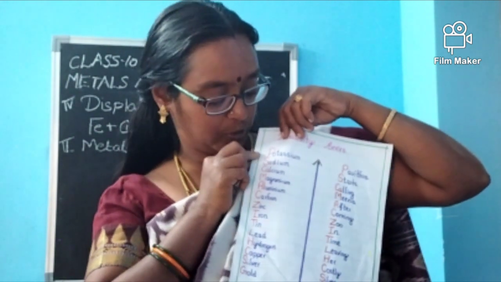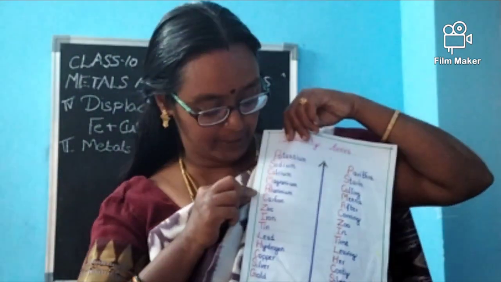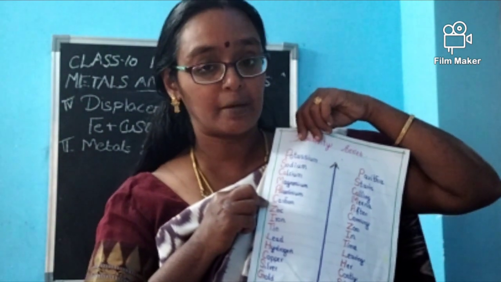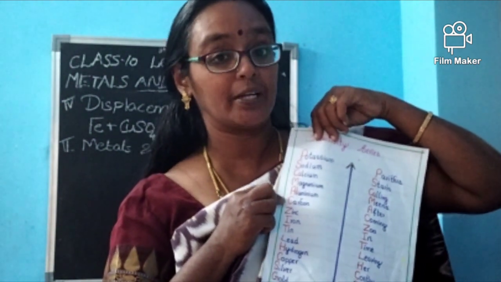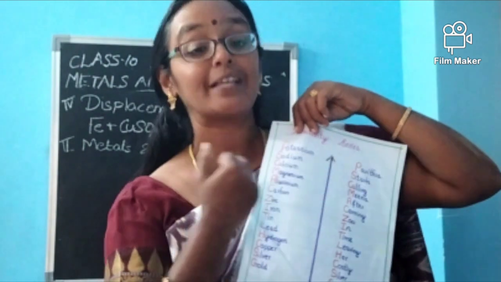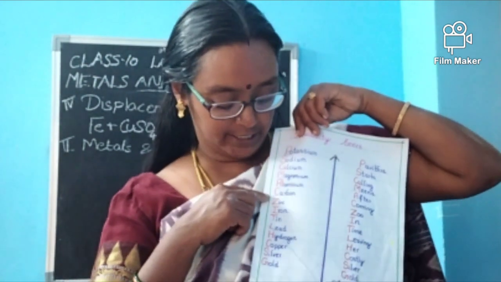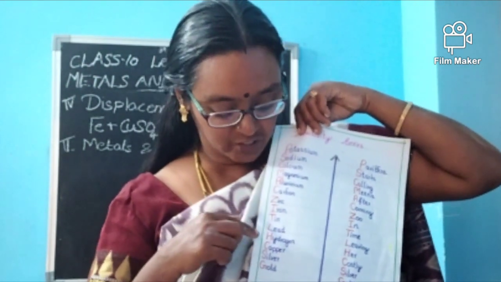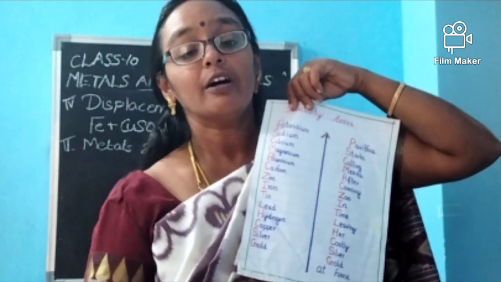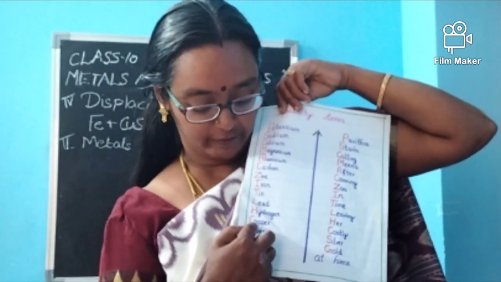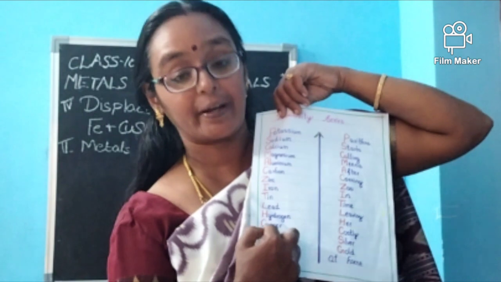Then it goes: potassium, sodium, calcium, magnesium, aluminium, carbon. Carbon is a non-metal, but it is added so that we know where carbon stands. Then zinc, iron, tin, lead, hydrogen, copper, silver, gold. If we add mercury, it goes between copper and silver.